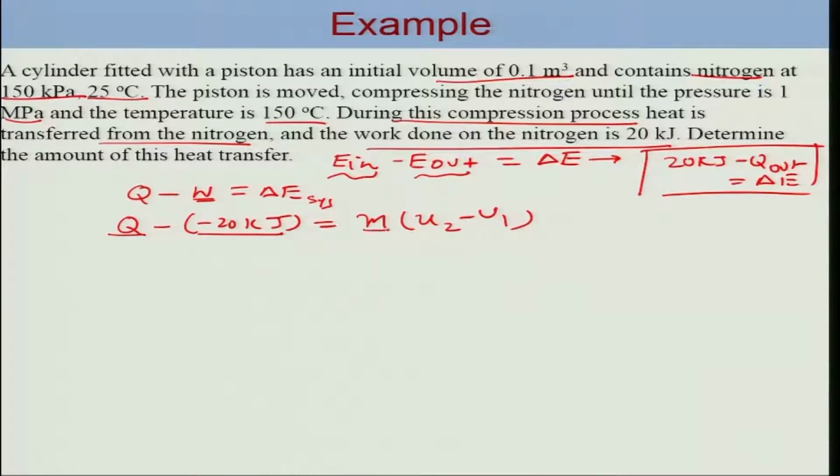So what about now the mass? What is the mass here? We can calculate the mass here. m is simply PV by RT. We are assuming nitrogen to be an ideal gas.